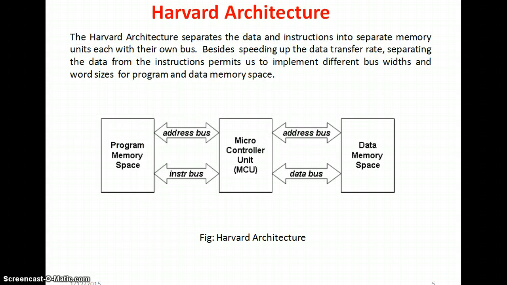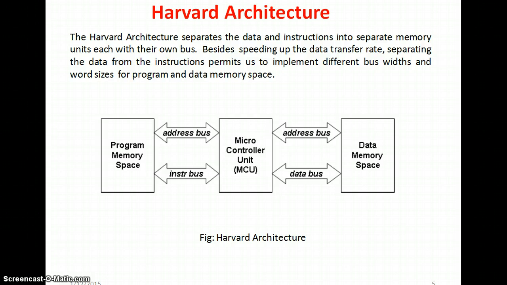The most commonly used architecture is Harvard architecture. It separates the data and instructions into separate memory units, each with their own bus. Besides speeding up the data transfer rate, separating the data from the instruction permits us to implement different bus width and word size for program and data memory space.